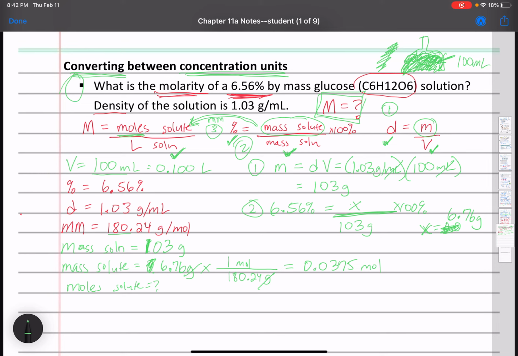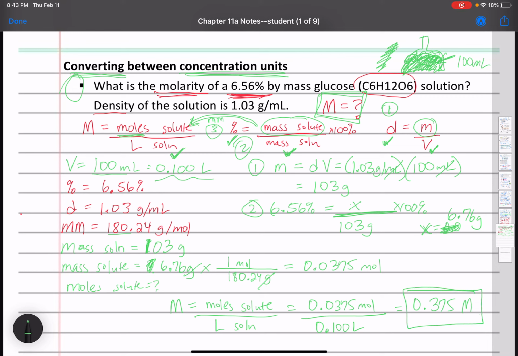Remember, always remember what your end goal is and make sure you get there. So the molarity, now I have the information I need to plug into the molarity equation. Molarity is moles of solute per liter of solution, and I have 0.0375 moles of solute, and our arbitrarily decided 0.100 liters of solution comes out to a molarity of 0.375.